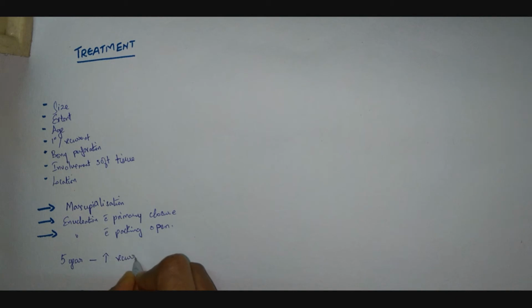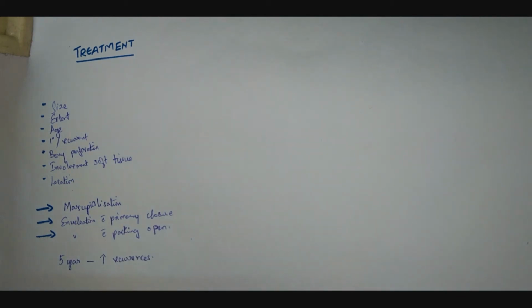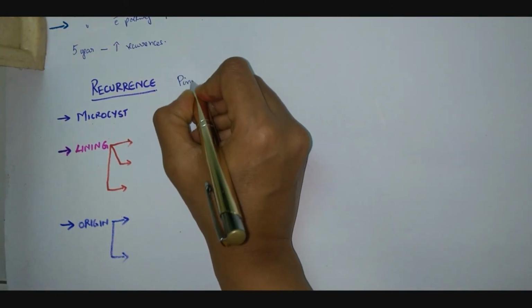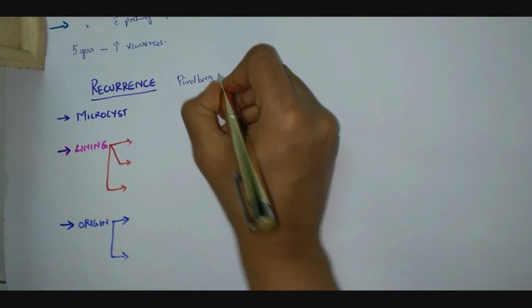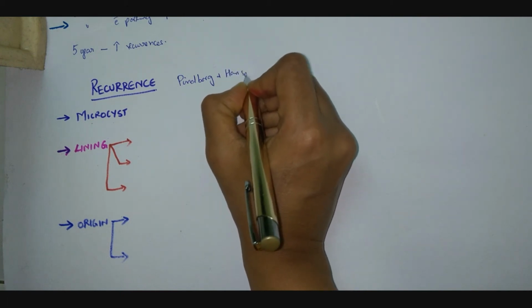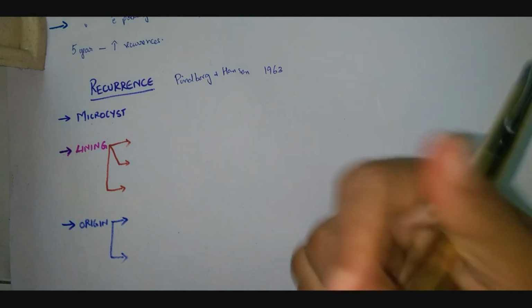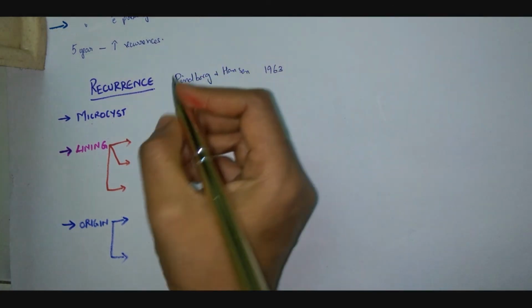Now, talking about recurrences, we shall see why recurrence occurs in OKC. It was Pinborg and Hansen in 1963 who first described the aggressive behavior of odontogenic keratocyst.